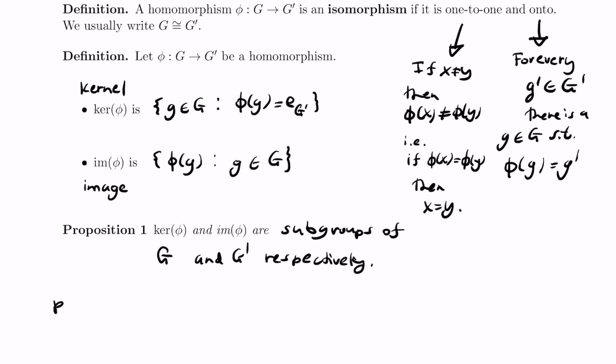So we'll give a proof of this using the subgroup test. The subgroup test allows us to prove something is a subgroup in one fell swoop. This less than or equal to is notation for subgroup.